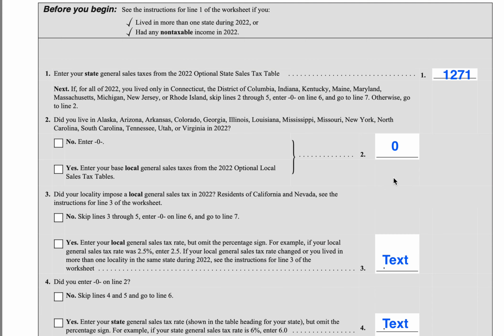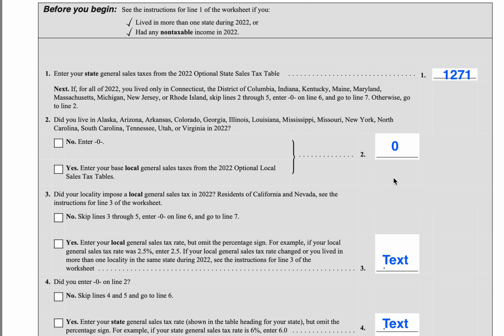Question 3: did your locality impose a local general sales tax in the tax year? If you lived in California or Nevada, there are specific instructions in the worksheet that pertain to you. If you lived in California, you would check no if your combined state and local sales tax rate is 7.25%.